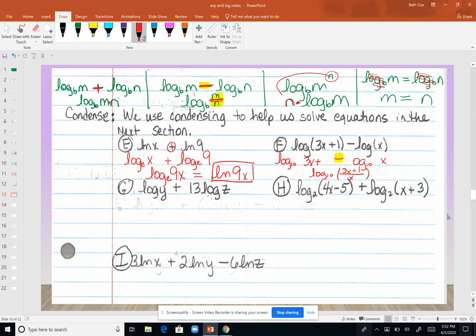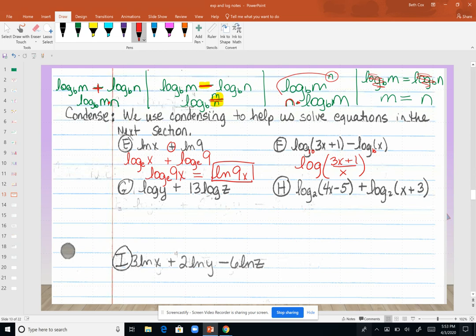Let me go over that one again, because I didn't give myself enough room. So this would be log base 10 of 3x plus 1 over x. And again, if you were to type it in the computer, you don't need that 10. They would just do it like that. But we went from a subtraction to a division. Okay?